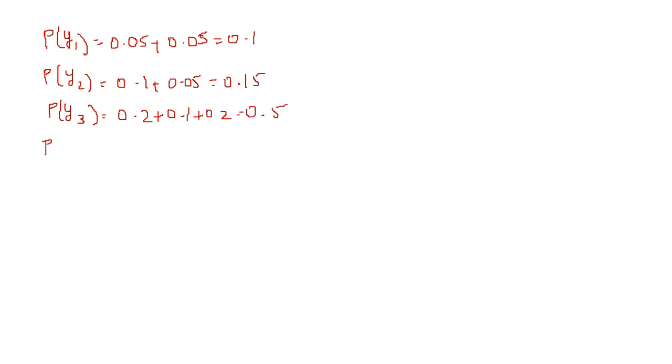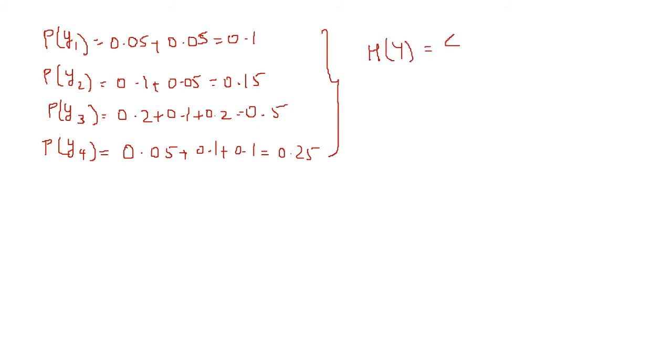P of y4, addition of fourth column elements of your joint probability matrix, so 0.05 plus 0.1 plus 0.1, which will be equal to 0.25. Now we have got all the output symbol probabilities, hence we can find H of Y, which is equal to summation j equal to 1 to s, and s is equal to 4 here, P of yj into log of 1 by P of yj.